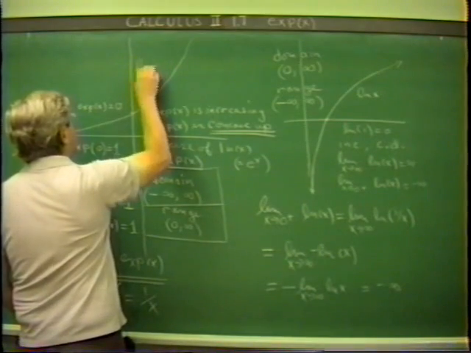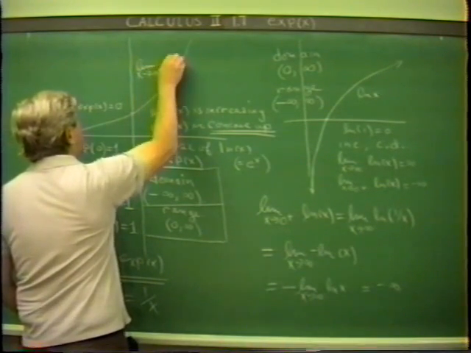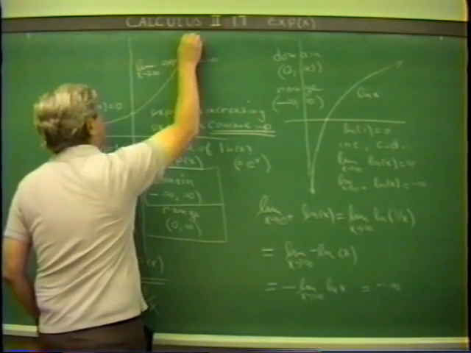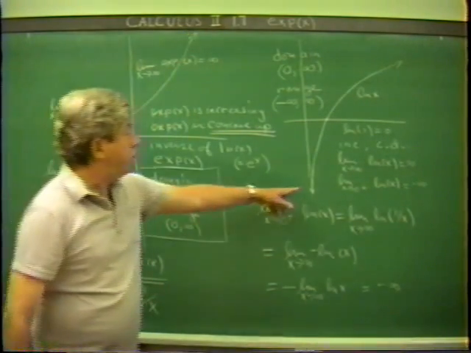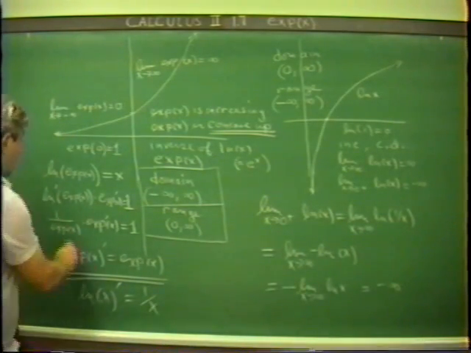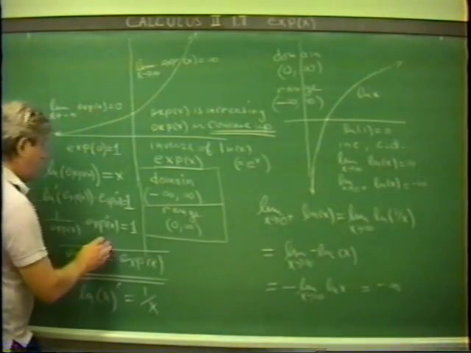And the limit as x approaches infinity of exponent of x is infinity. This is growing in this fashion right here, and that can be just observed from the graph of the logarithm, for example.